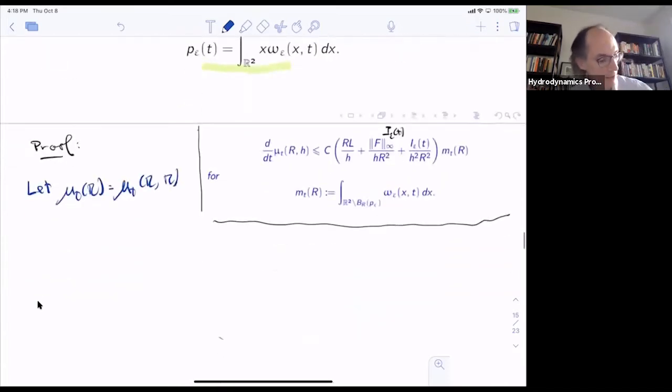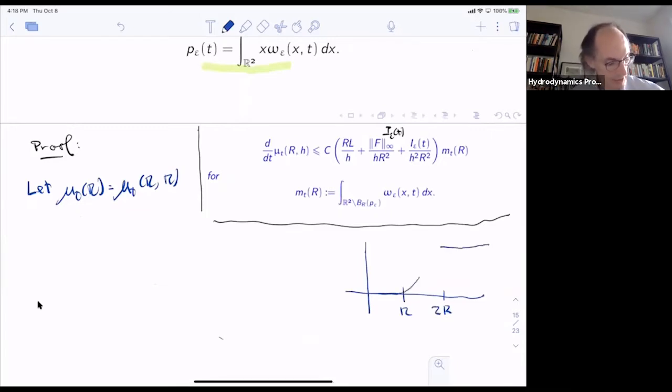Remember this function is 0 at radii less than r, and is 1 at radii bigger than r plus h, and so it looks like this. R plus h in this case is 2r. So this is the weight.